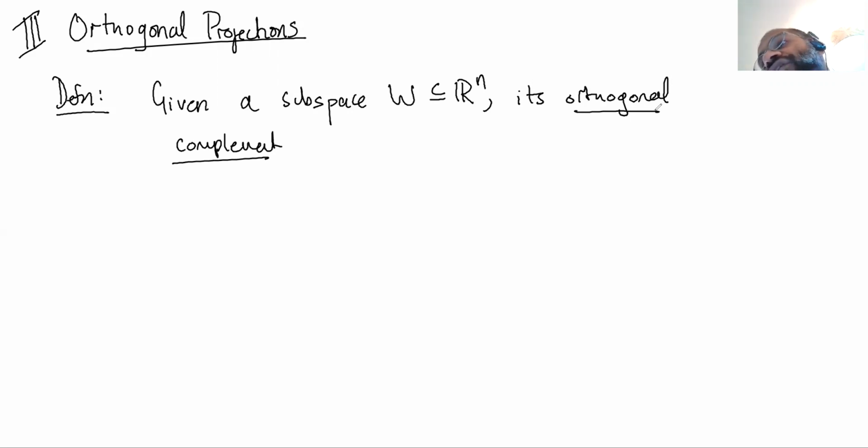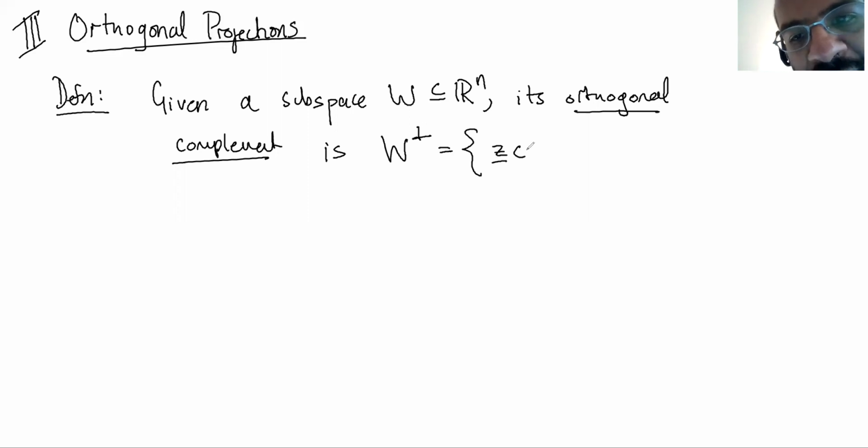So its orthogonal complement is the set W perp, which is the set of all vectors Z in Rn such that Z is orthogonal to everything in W. Sorry, this is not a number.